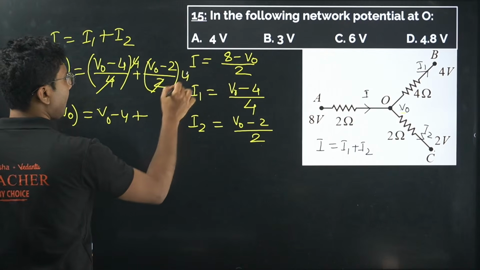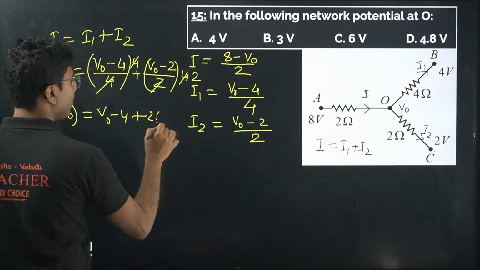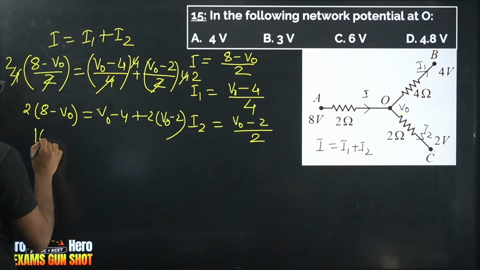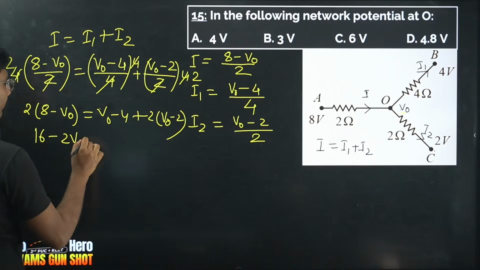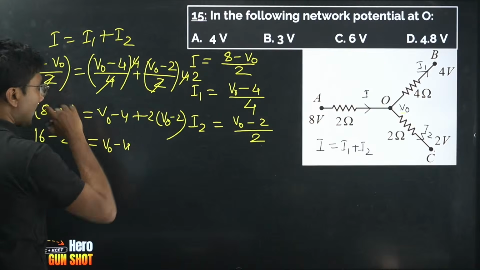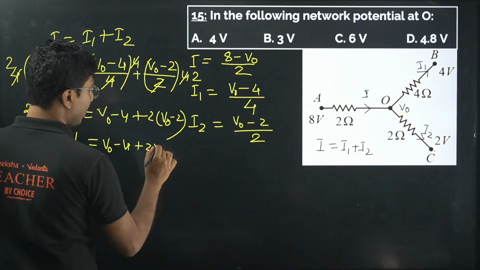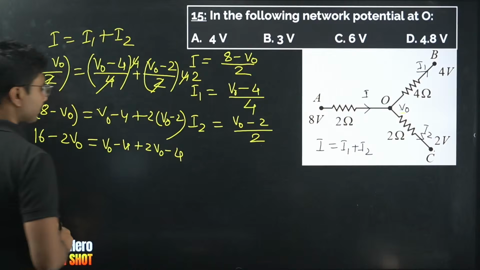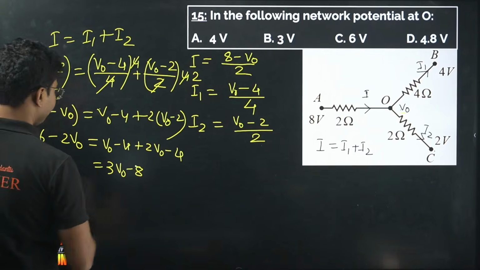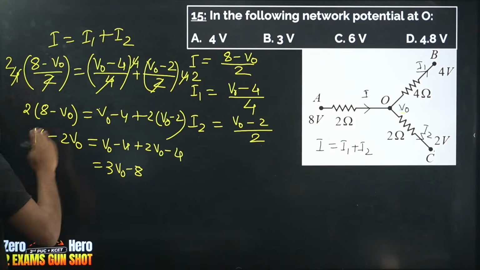plus 2 into (V0 minus 2). So very basic simplification. 16 minus 2 V0 equals V0 minus 4 plus 2 V0 minus 4. So we get 3 V0 minus 8. Okay, so now we have to rearrange.